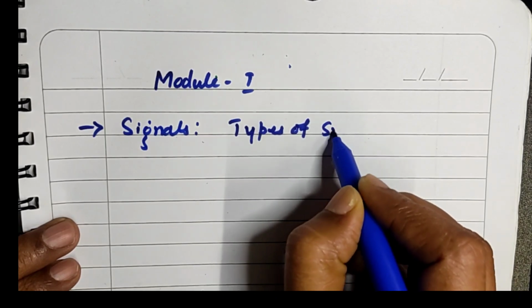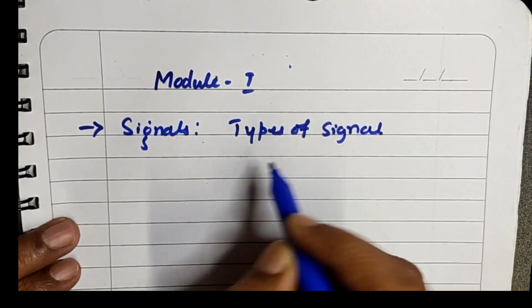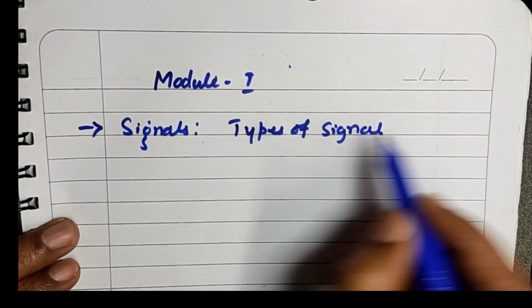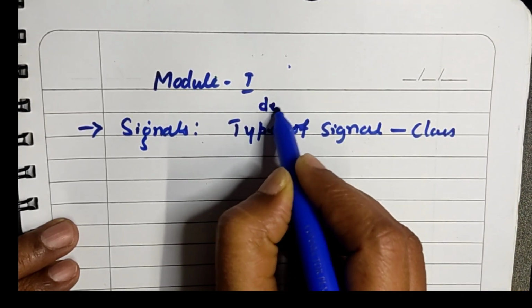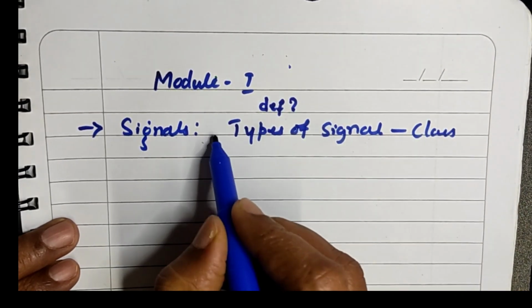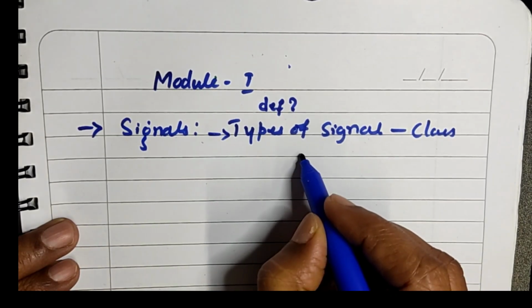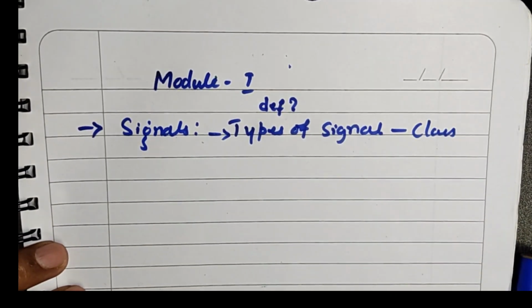We have classifications of signals, and initially we have a definition. After this, there are plenty of types of signals.